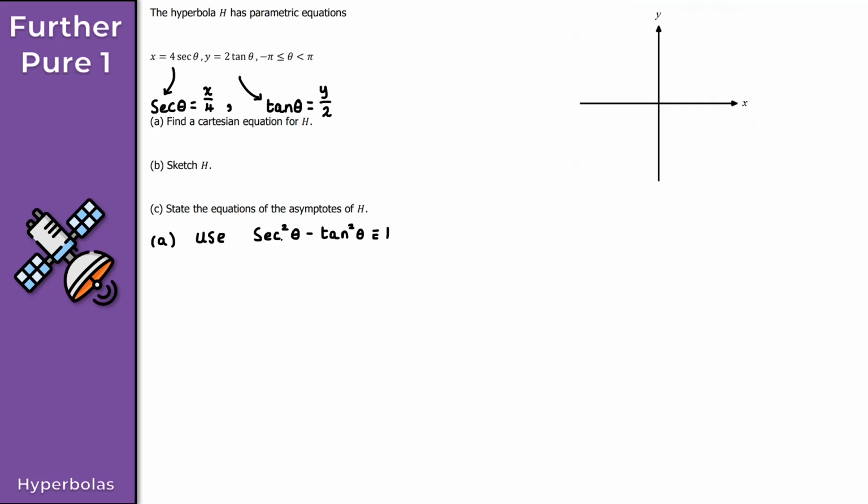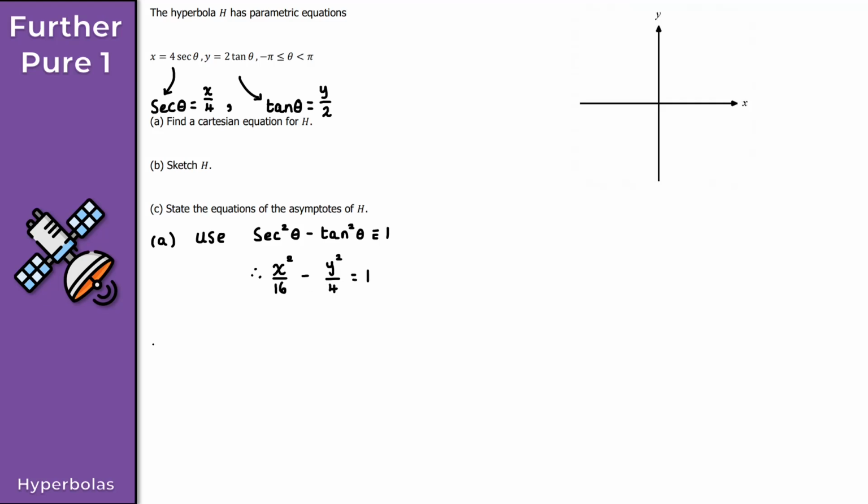So sec squared theta, that's sec theta all squared. So I get x over 4 squared. So that gives us x squared over 16. Okay. Doing the same here then with tan theta, we get minus y over 2 all squared. So that gives us minus y squared over 4. Okay. And this here then is equal to 1. So that gives us the solution to part A, hopefully nice and straightforward there.